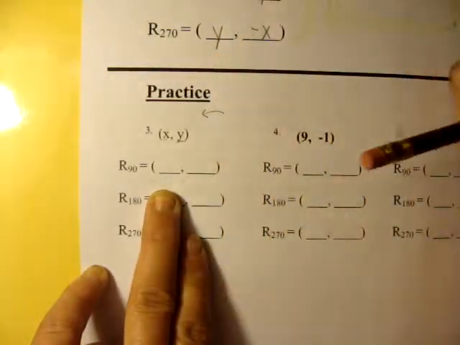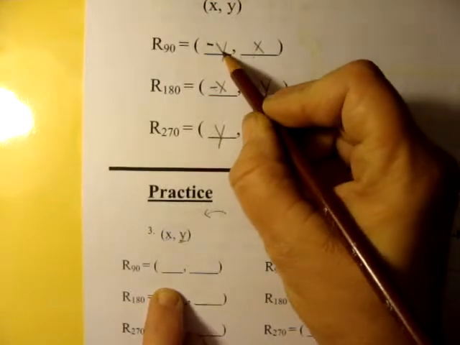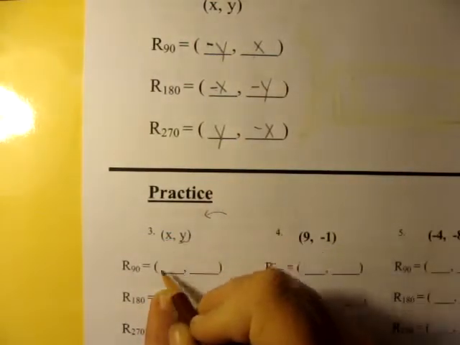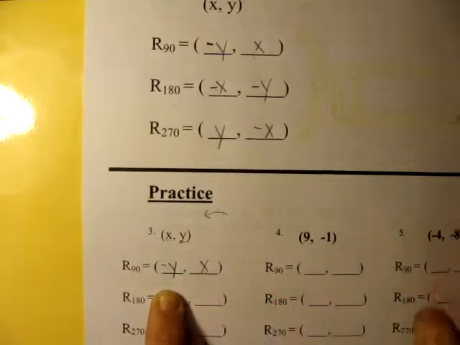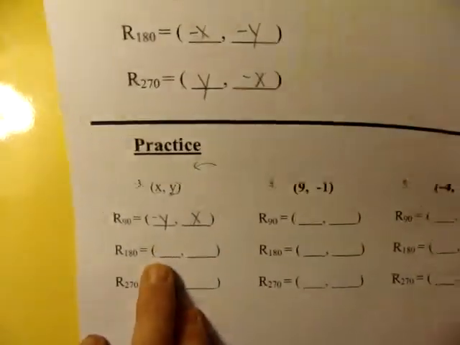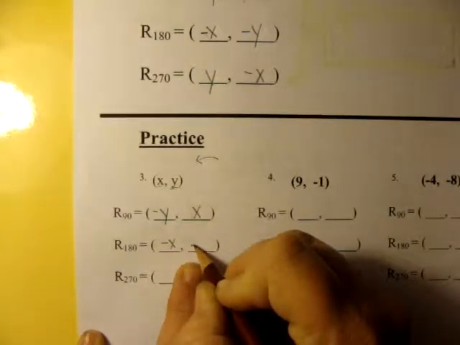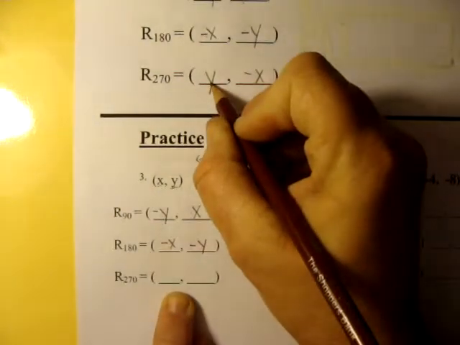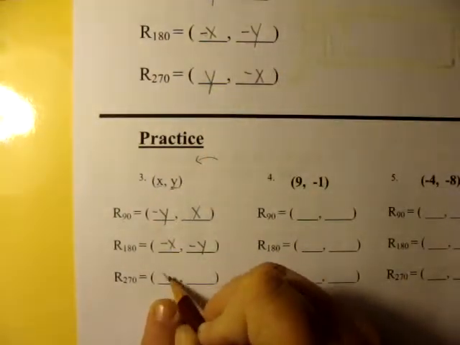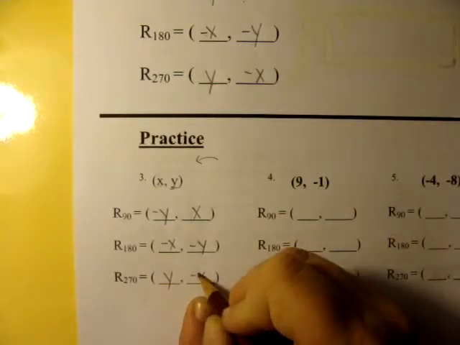If we look at our rules, it's the opposite of Y, so it's the opposite of Y and X. For 180 degrees, it's the opposite of X, the opposite of Y. For 270 degrees, it's Y and the opposite of X.